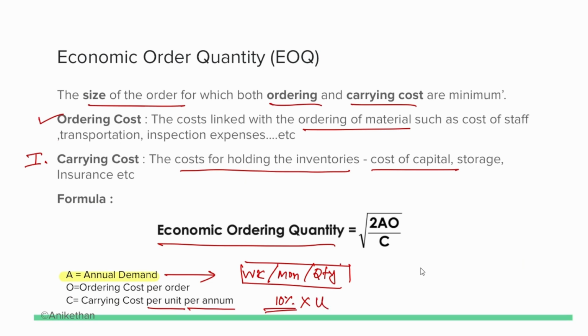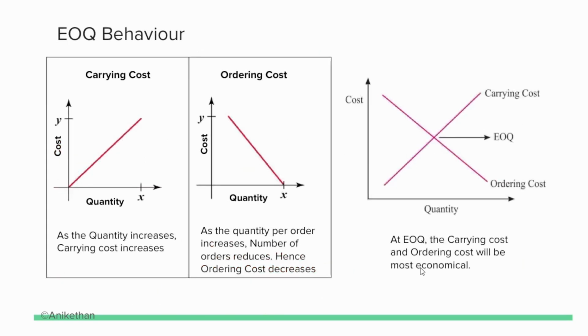If you are asked to explain the EOQ behavior, the behavior of ordering and carrying cost, this graph will explain. As the quantity increases, carrying cost increases. Why? Because you have to pay more. Once you pay more, more working capital is locked. So that means your carrying cost increases.